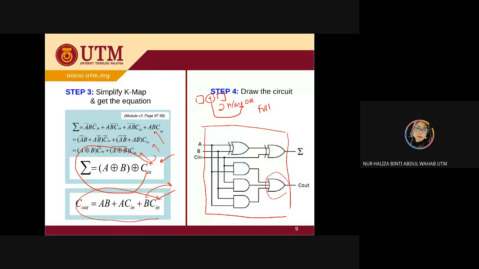Where is my half adder? This is my half adder, right? And there is another half adder here.